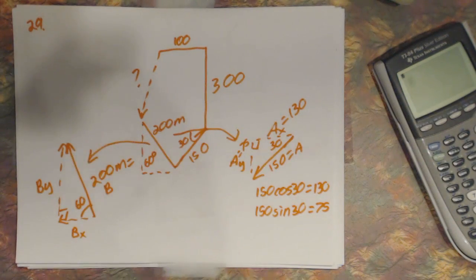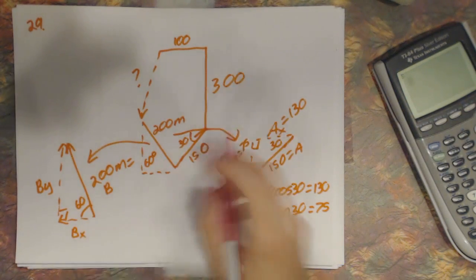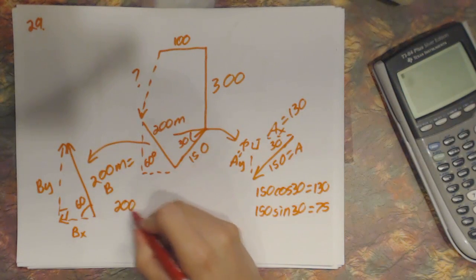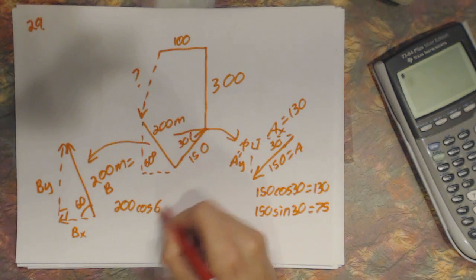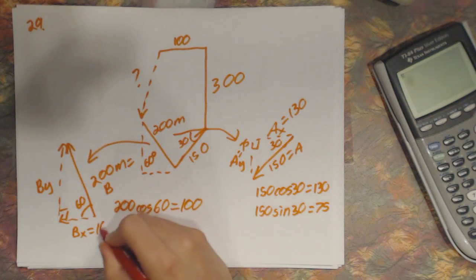So to find B sub x, we're going to do, since it's adjacent to the angle, cosine again. So 200 cosine 60 is going to equal 100, so B sub x is 100 meters.